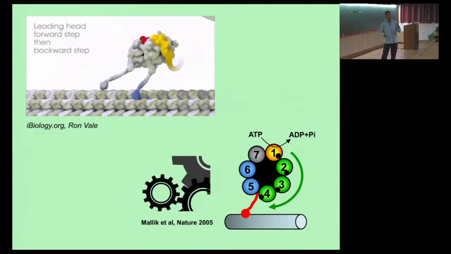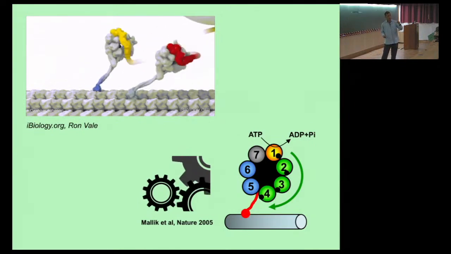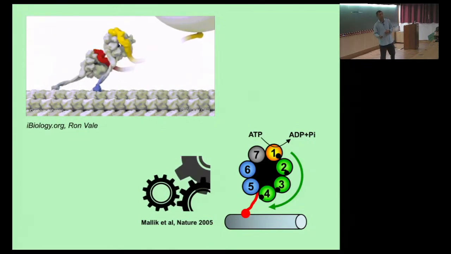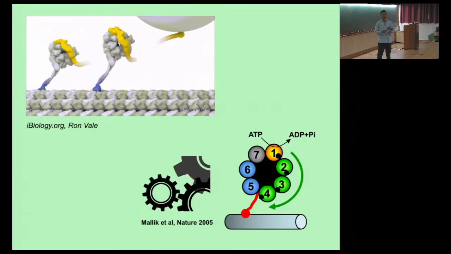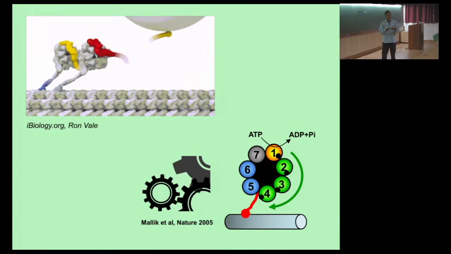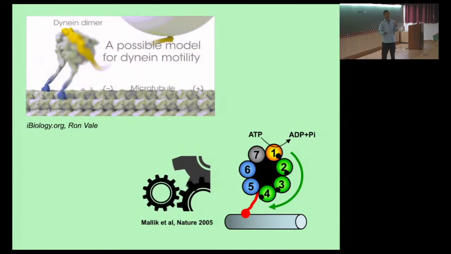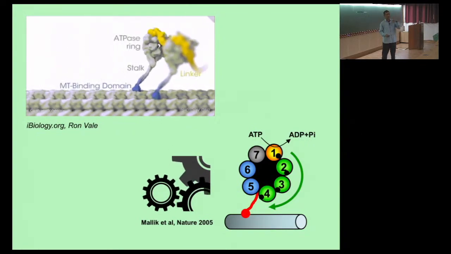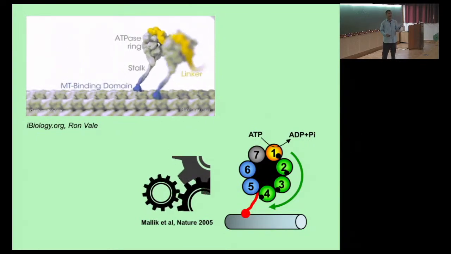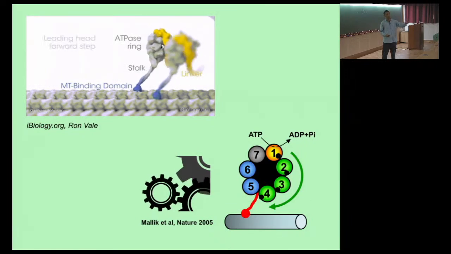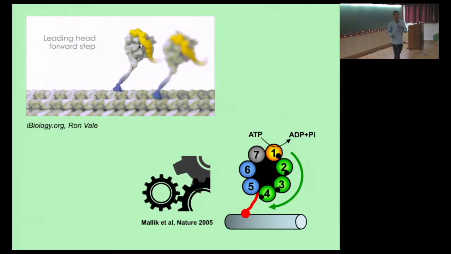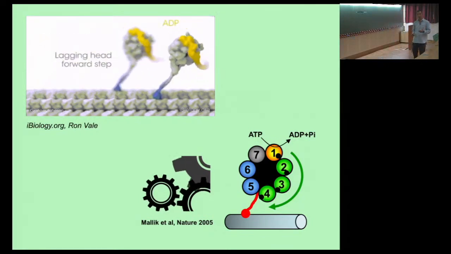So when the step size is higher, the distance is higher because you're taking a larger step, but the force is proportionately lower. When the step size is lower, you can generate a higher force. So the product of force into distance is more or less constant, and that is the work done per cycle. And that is exactly what happens in your car when you use your clutch to change your gear and you want to go uphill. Then you go slow, but you can generate more force to go uphill.